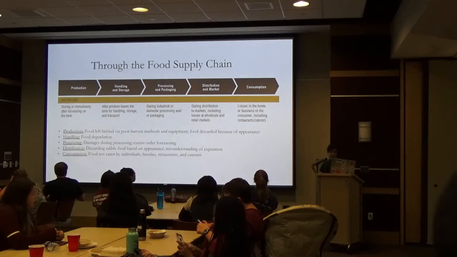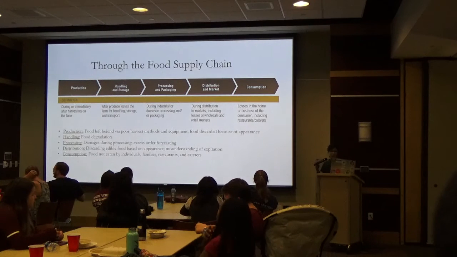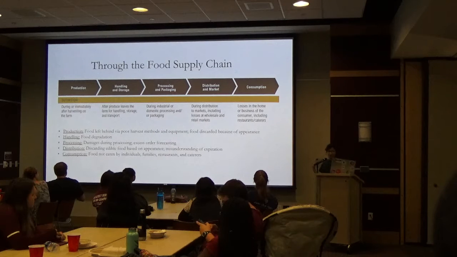So during the production or harvesting, loss comes in the form of grain left behind by poor harvesting equipment, discarded fish, and fruit not harvested or discarded. It happens because they fail to meet quality standards or are uneconomical to harvest. So there's really not much we can personally do here other than say, I'm okay with ugly fruit, and still eat it, you know?